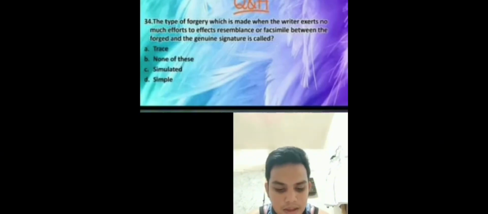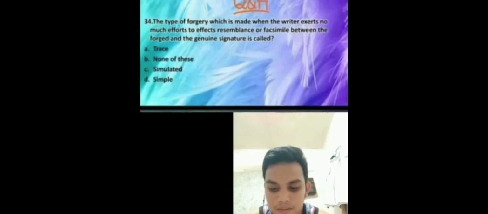Dahil ang simpleng pamimeke ay isang uri ng pamimeke kung saan ang namimeke ay hindi gumagawa ng makabuluhang pagsisikap na kopyahin ang tunay na lagda ng malapitan. The incorrect answer is letter A, B, and C. Letter A, trans. Ito ay malamang na isang maling spelling ng trace na pamimeke.